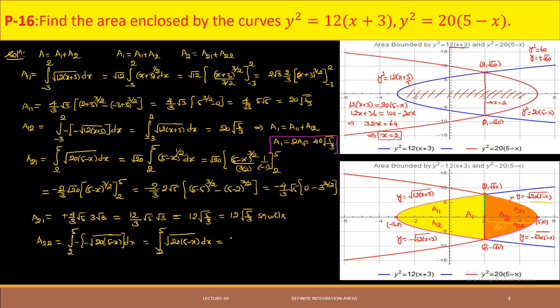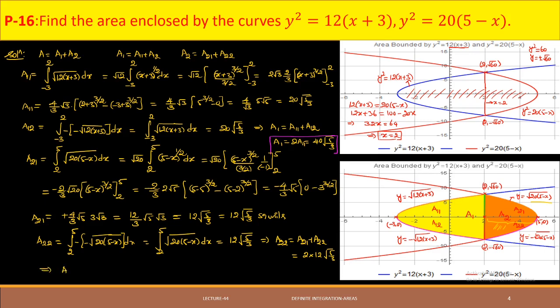Just now we have evaluated this. This is equal to 12 into root of 5 by 3. So A2, which is A21 plus A22, is equal to 2 into 12 into root 5 by 3, that is equal to 24.